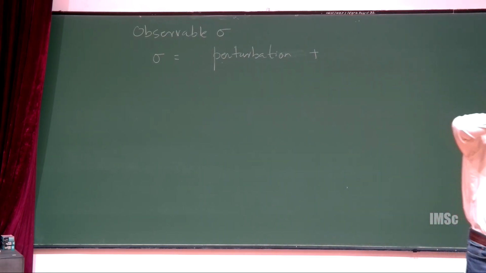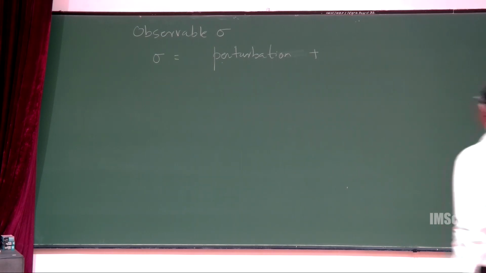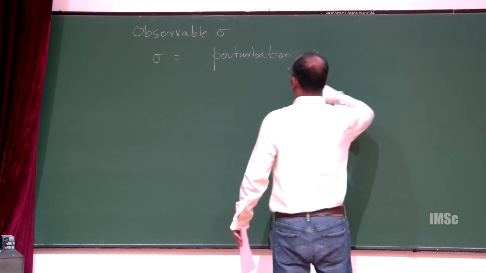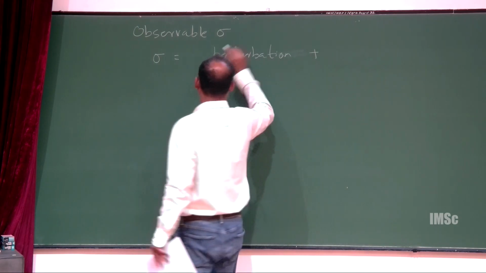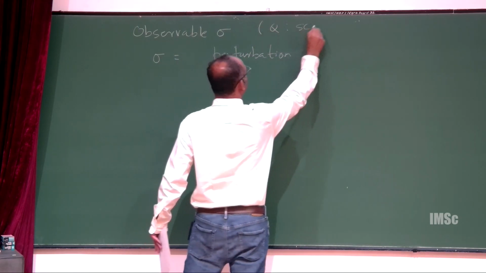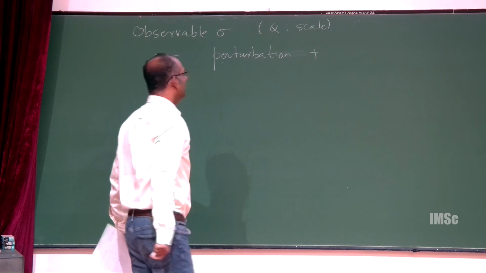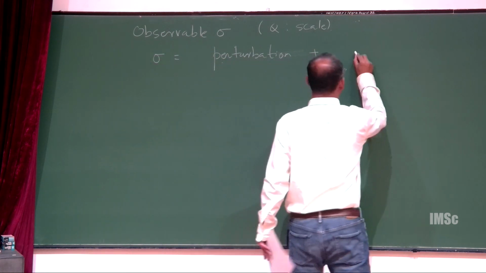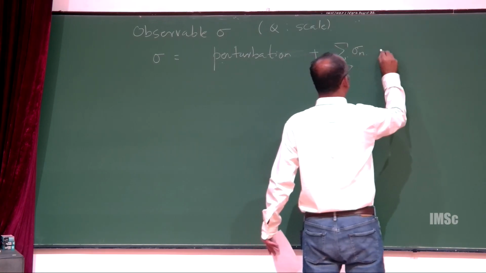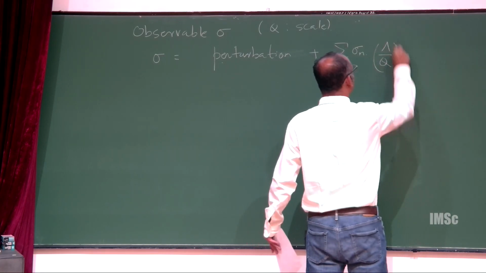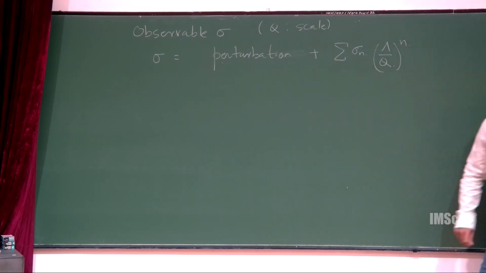Okay. And that's going to be the very last thing that I arrive at, and which all the 3 lectures are actually about. So you will also have corrections, terms which, let's say Q is the scale in the problem. Then there will also be terms which I write as some coefficients, and you will have terms of these forms.